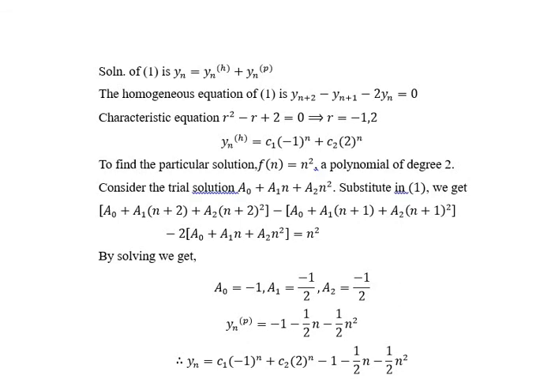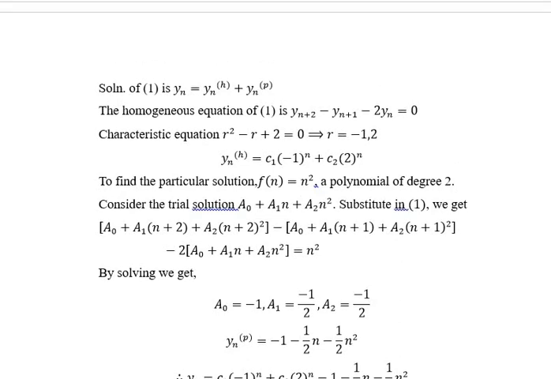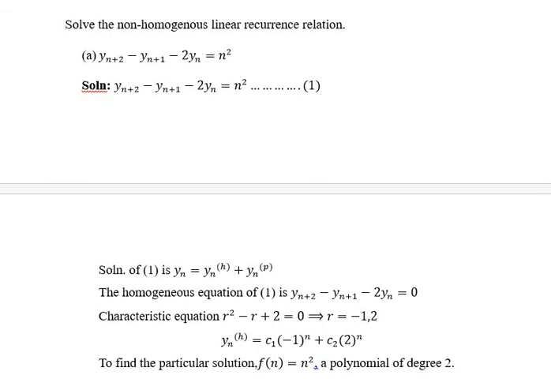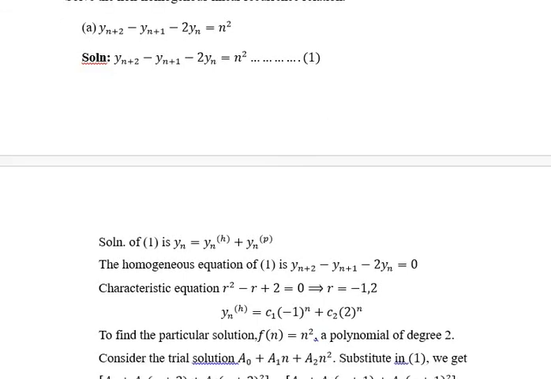After finding y_n^p, you will be able to find the constants c1 and c2. So to find a particular solution, f(n) is equal to n square, a polynomial of degree 2. So we will consider the trial solution as a0 plus a1 n plus a2 n square. Now we are going to substitute this in our equation, that is y_(n+2) minus y_(n+1) minus 2 y_n is equal to n square.